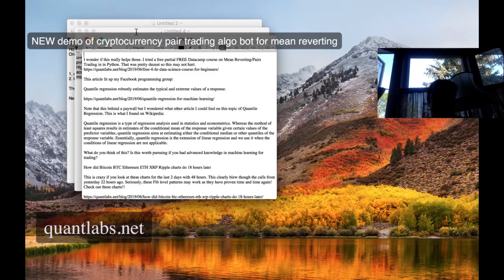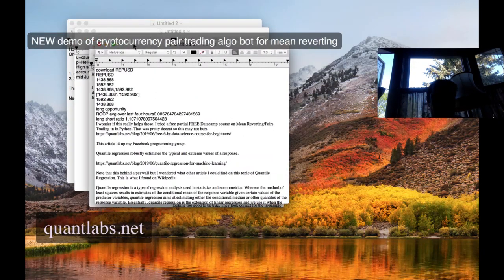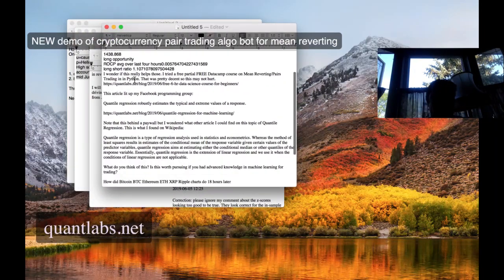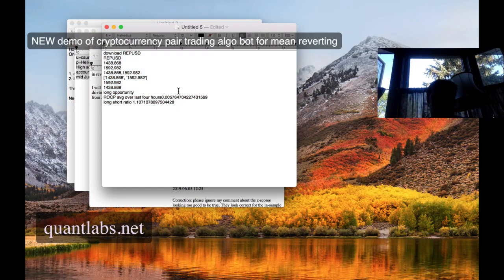All right, so what we're looking at here is we download the pair.